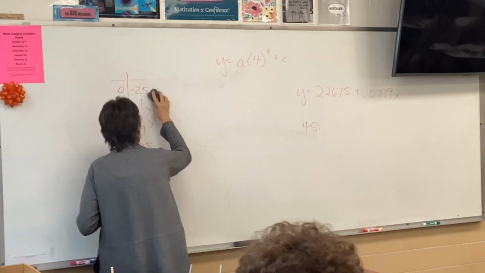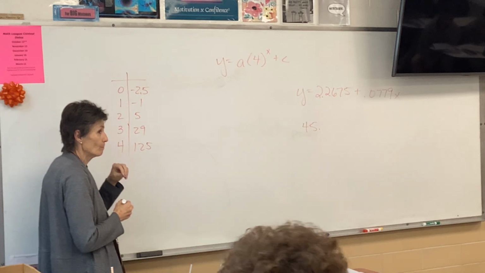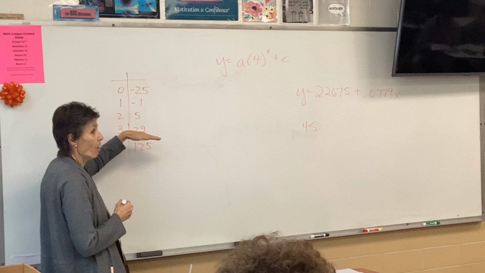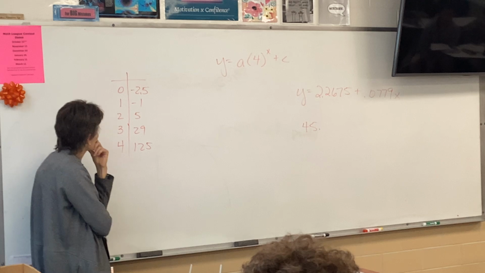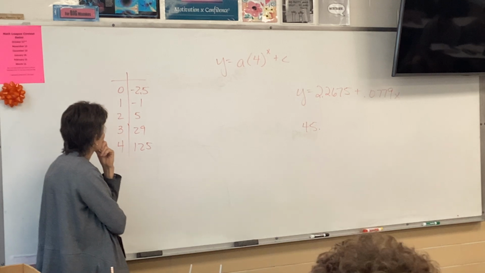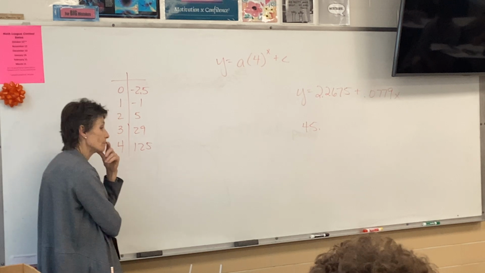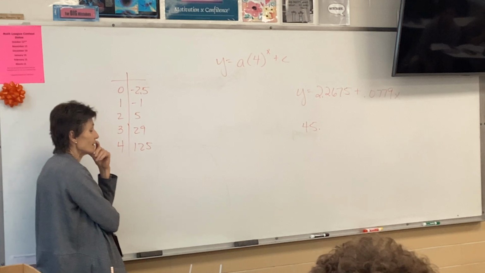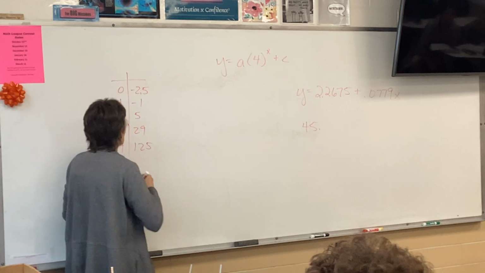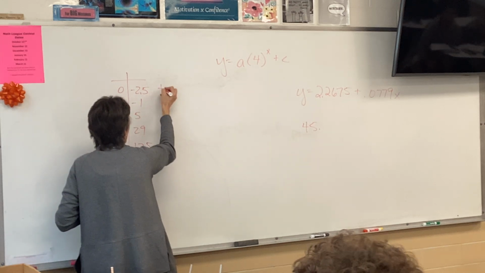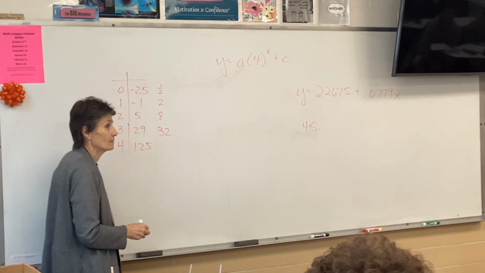Now I have to look at my points and figure out what I could do to make these all going up by times 4. Anybody see anything? If we add 3 to them, this would be a 1/2, this would be a 2, this would be an 8, this would be a 32. That looks wonderful to me.